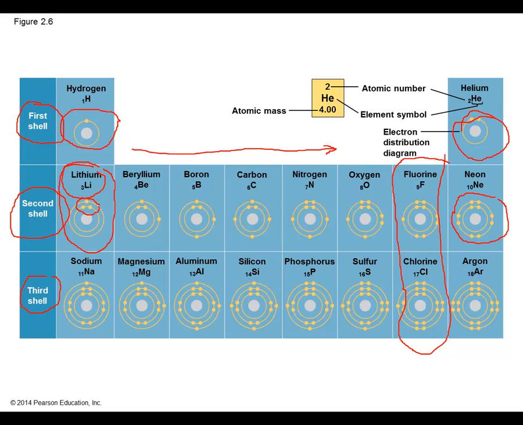And this is represented by this far right column where all the outer shells are filled up. So they're chemically unreactive. That means everything else can react because their outer shells are not filled up.